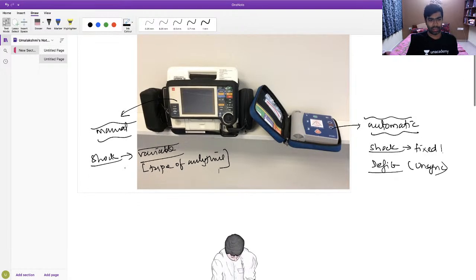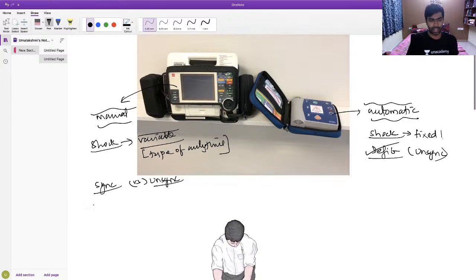And point number 3 is that it can do a synchronized cardioversion as well as an unsynchronized cardioversion. There will be a button called sync here. If you just want to press the sync button, you can start the shock process. So essentially it can be synchronized or unsynchronized, but here you can only do an unsynchronized cardioversion, which is typically referred to as defibrillation.